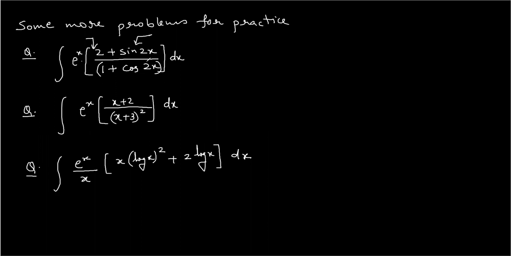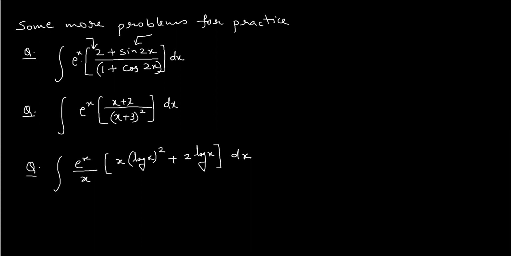We will also have to use the formula for sine 2x, and then you will get the proper expression where you can use integral of e raised to x into f of x plus f dash x dx is equal to e raised to x f of x plus c. Same thing here you will do.